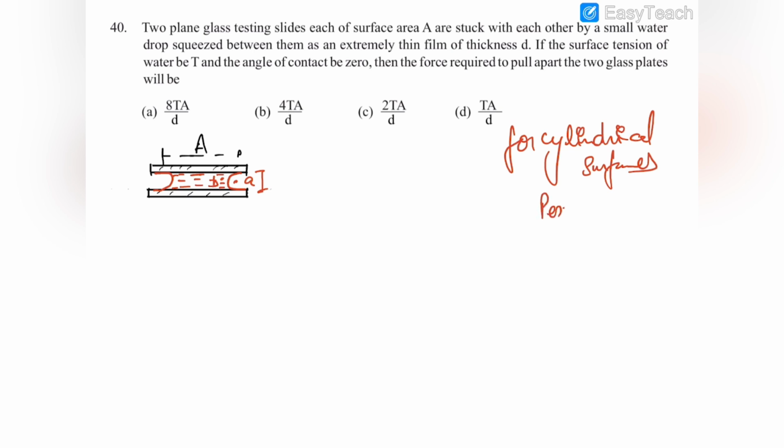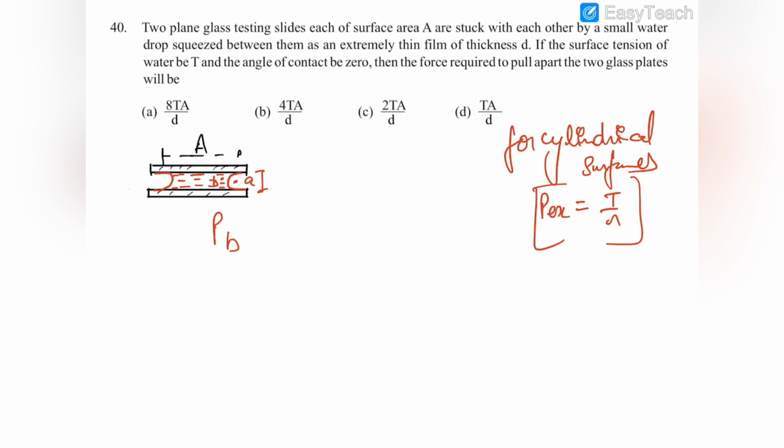excess pressure is equal to T by R. You know that. Therefore, we can say that for this surface, the pressure at point B, which is just inside, will be slightly less than the pressure at point A, and PB will be less than PA.